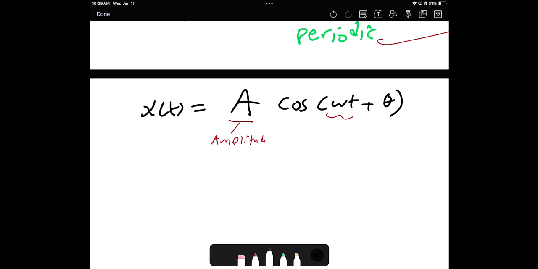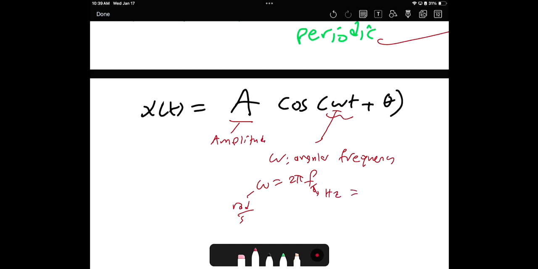So omega t here is related to angular frequency. Omega is angular frequency such that omega equals 2 pi times f, with omega in radians per second, while f is in hertz, which is cyclic frequency, basically cycles per second.